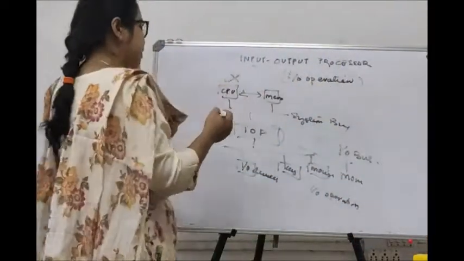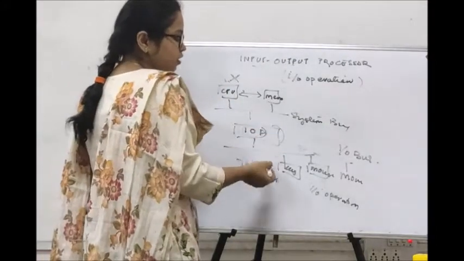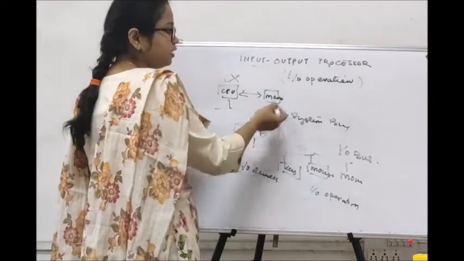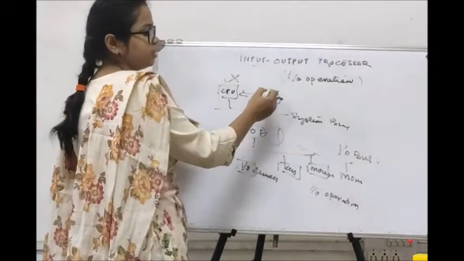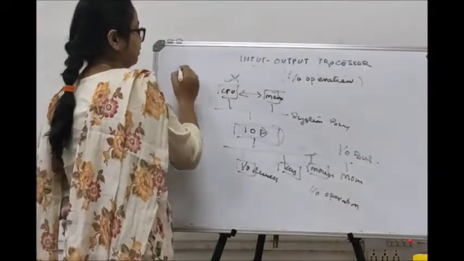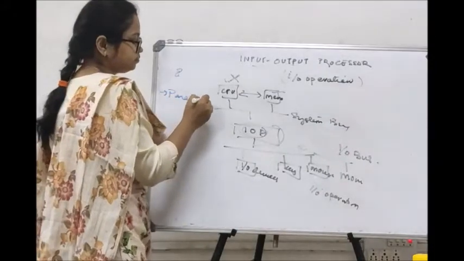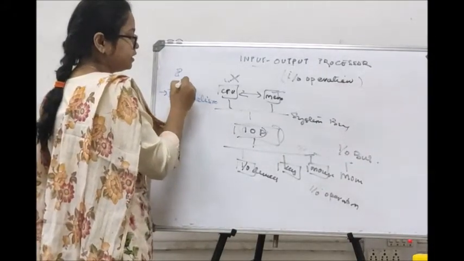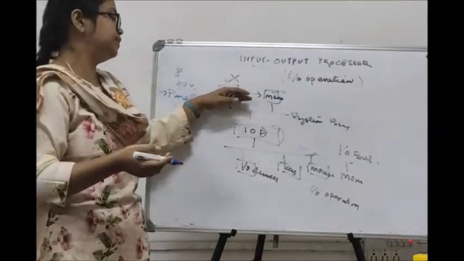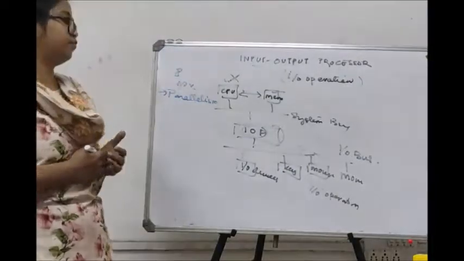So, through the input-output processor, we can do data transfers into the memory easily without needing the CPU. The CPU can run in parallel, so it enhances parallelism. Simultaneously, the CPU can work and input-output operations can also be performed.